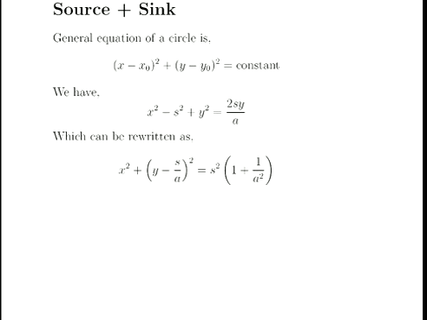We can rewrite that equation in that form, and you see that the streamlines associated with a source and sink are going to be circular. They've got no offset in x, so the center of those circular streamlines is going to be located on the y-axis. They're offset in y by this distance s on a, and they have this radius squared as given by that constant on the right-hand side of this expression.